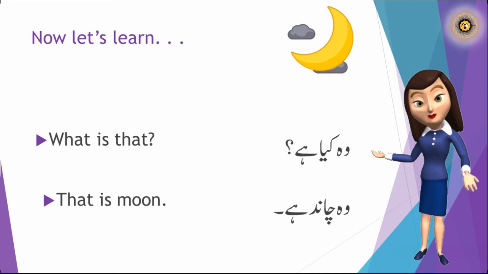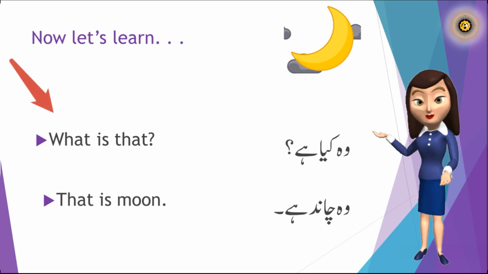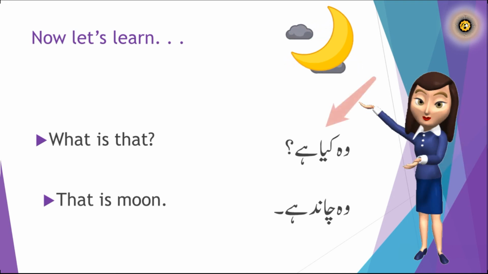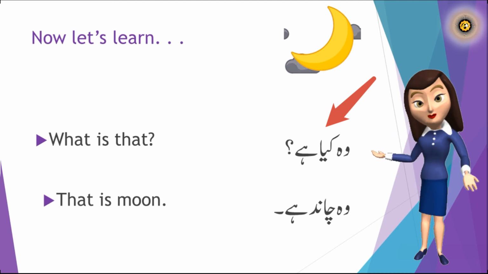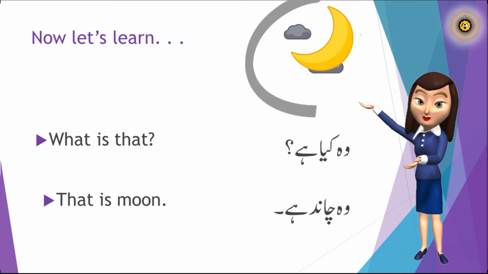Now let's repeat one more time. In English we say, what is that? In Urdu it is, वो क्या है? In reply to this question we say, whatever is in front of us. So right now in front of us is moon.